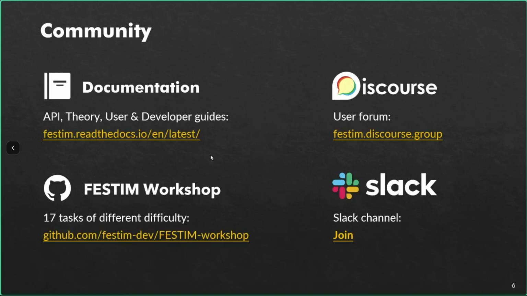And also for newcomers, there is a FESTIM workshop that can be used to get in touch with the code. This workshop has been held in several organizations by developers on site.